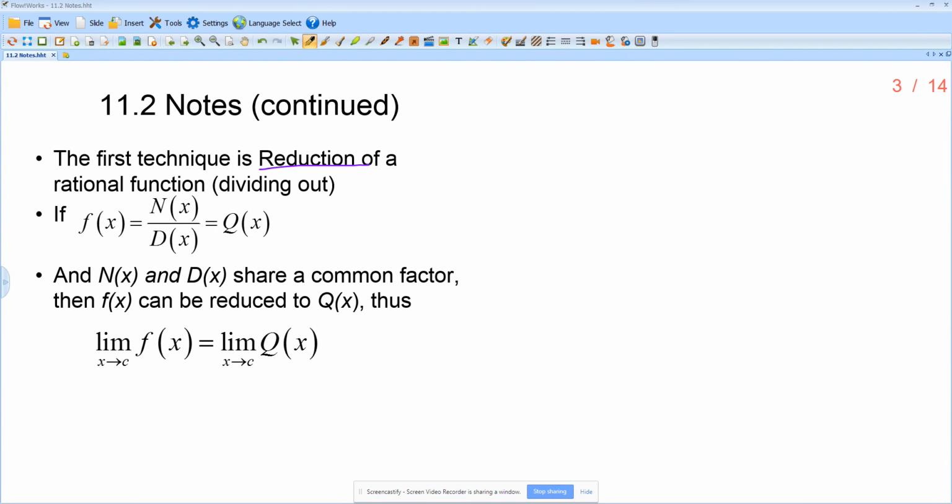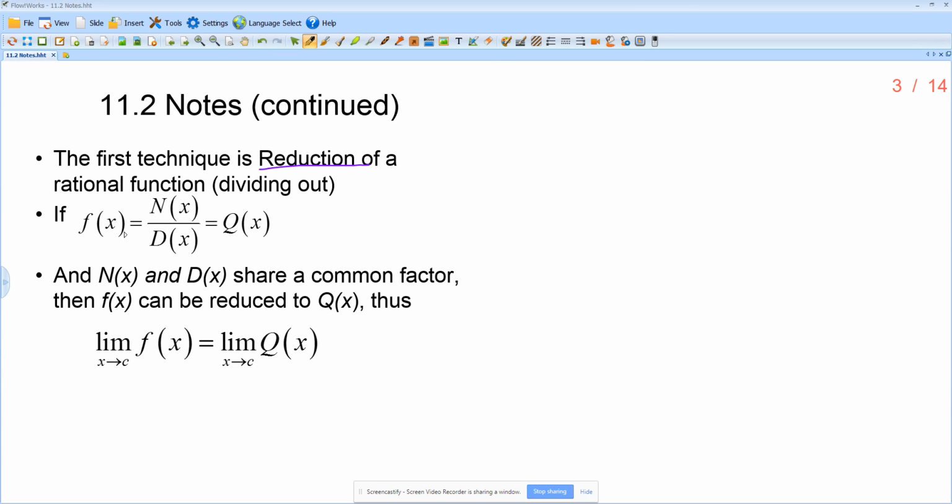When we're talking about the reduction technique, it's always of a rational function, and it's really just dividing out the factor that is an issue. So what we're going to say here is f of x is equal to n of x over d of x, which is equal to q of x.